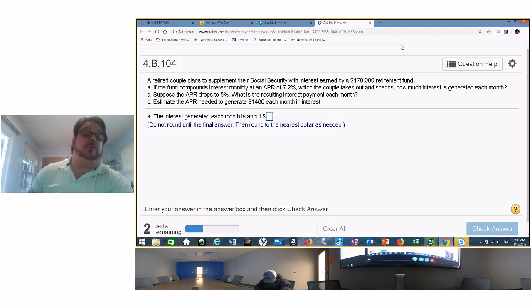B: Suppose R drops to 5%. What is the resulting interest payment each month? And then C: estimate the APR needed to generate $1,400 each month in interest.